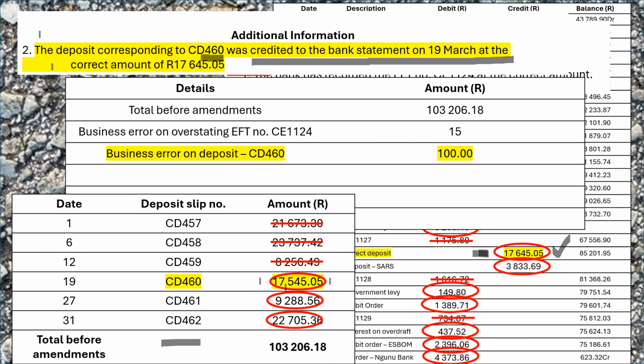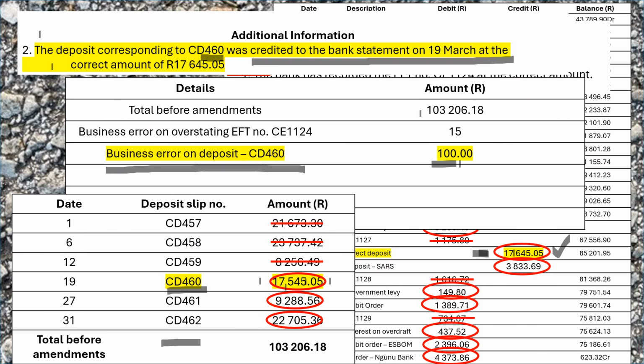So in the cash receipts journal, you're going to add the business error on deposit 460, and the difference between the two, this was 17,645 and this was 17,545.